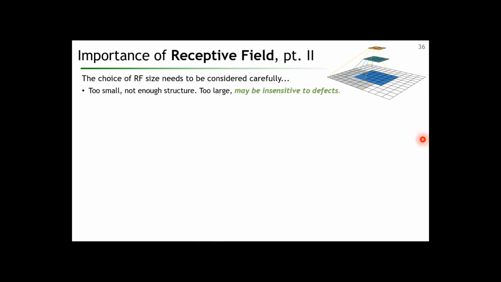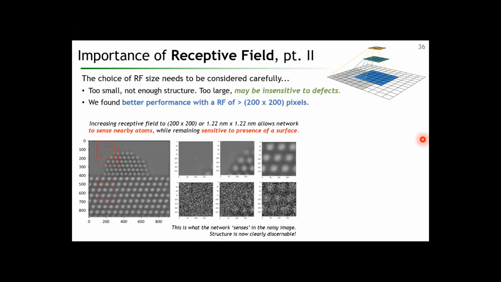But if we increase the receptive field, we can actually see that even in the clean image, you can see very clearly that this region corresponds to the vacuum, this corresponds to the surface, and this to the bulk. And when we add the same amount of noise, you can see even in the noisy image that there's some ability to differentiate even by eye what's going on and where you are in the image.